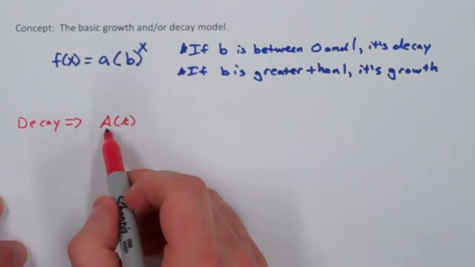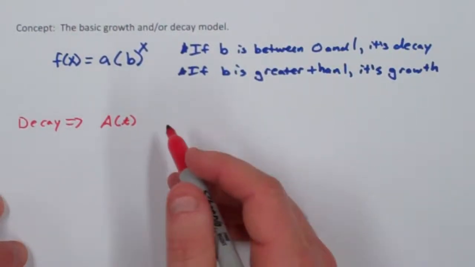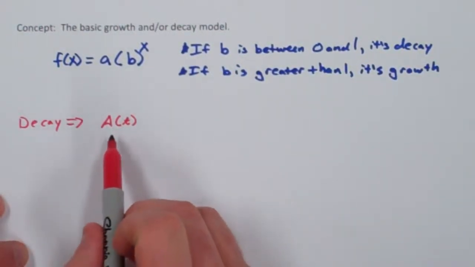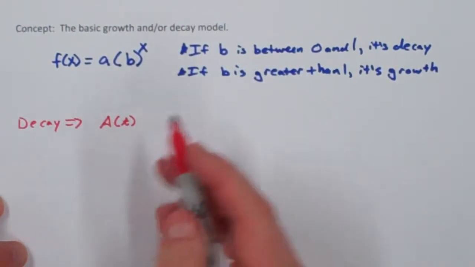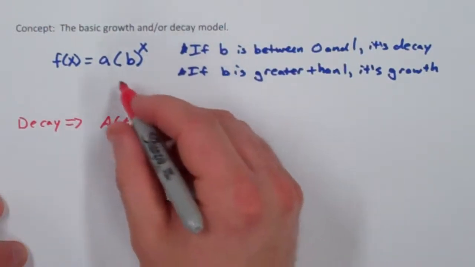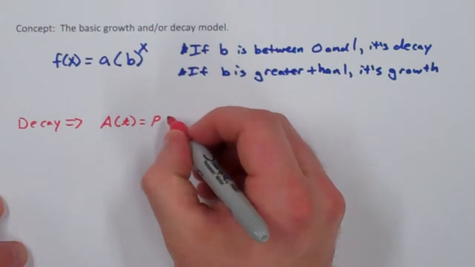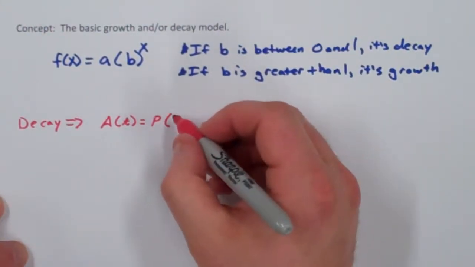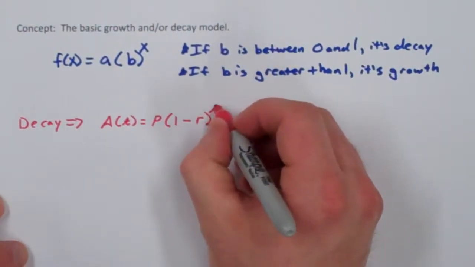So the final amount, or the final population, or weight or mass of a substance will be this function here, A at t. It's a function of time, and that's going to be equal to P, the principal amount, or the starting amount, times 1 minus a rate, all to the t power.